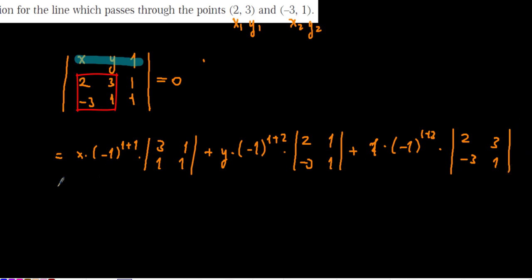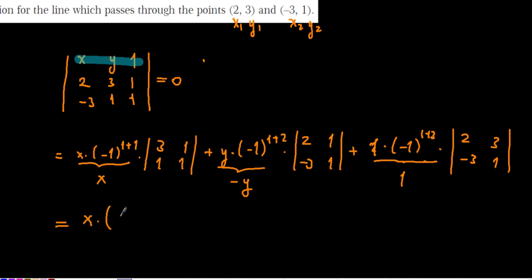So here this is going to be plus x, here this is going to be minus y, because minus 1 to the power of 3 is going to be minus, and this is going to be equal to plus 1 again.